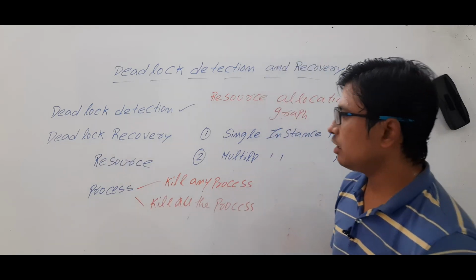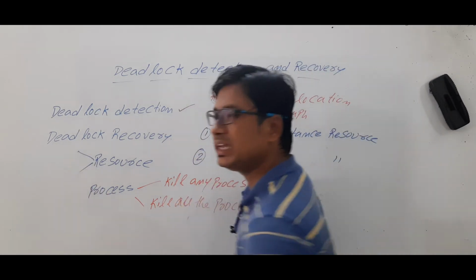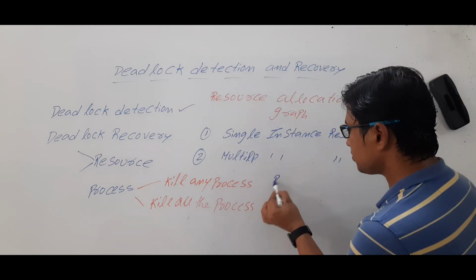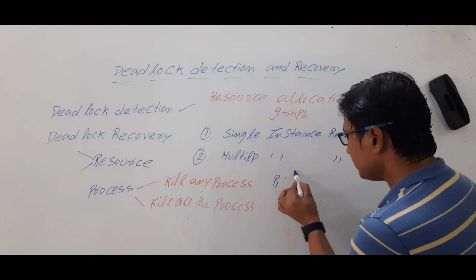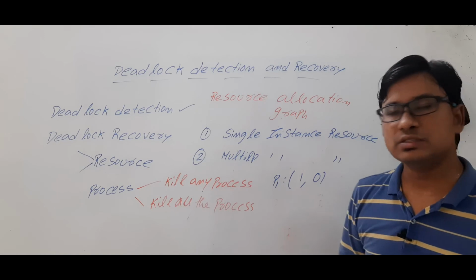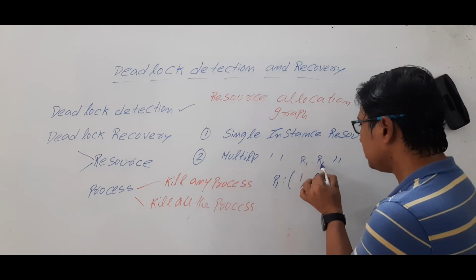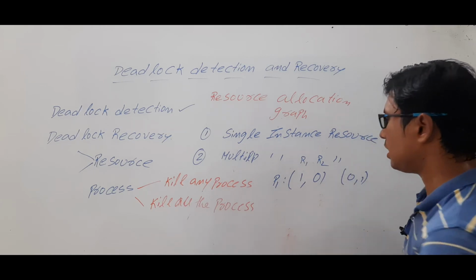Is it clear? Now coming to the resources. With resources, we can also preempt the resource. Let's take process P1 from the previous example, where the availability is 1 and 0. It has one instance of resource R1 and does not have resource R2, and it is requesting resource R2.